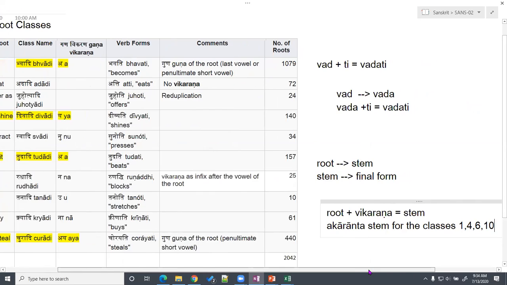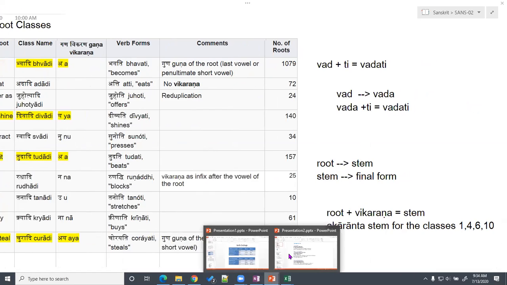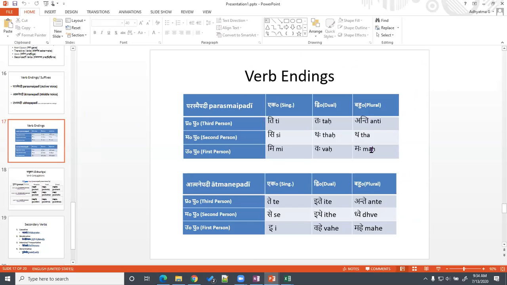What does that help? Because my verb endings are the same no matter what the class is. So I put the stem and the verb ending.